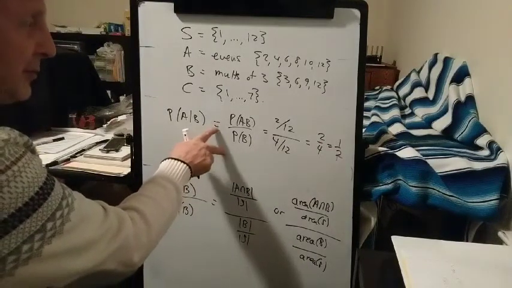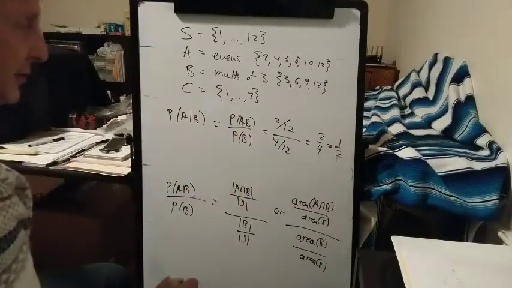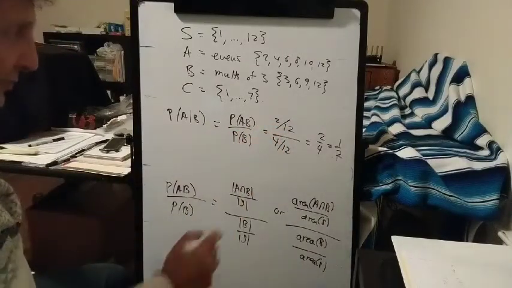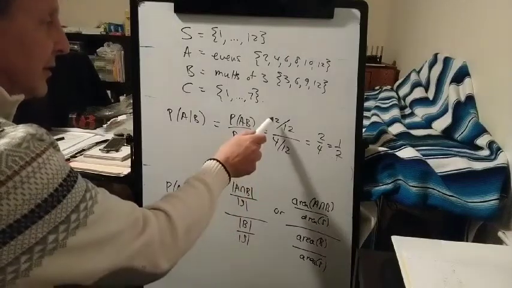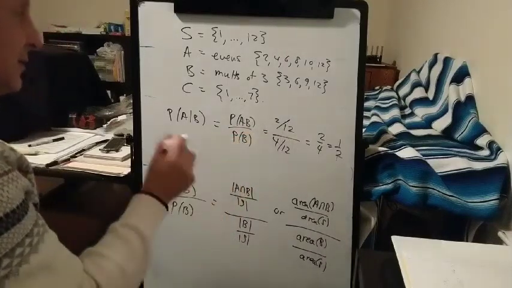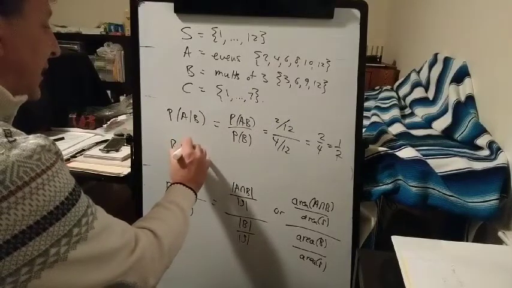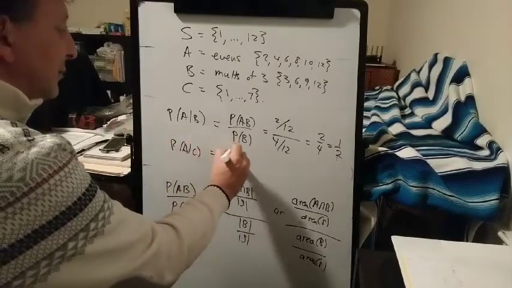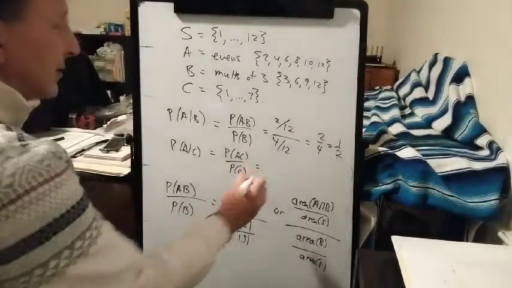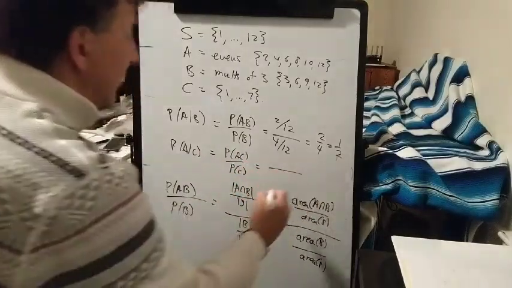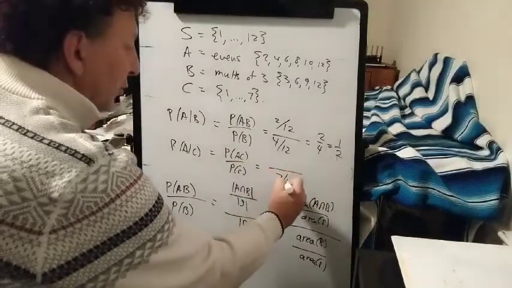The difference in our computations is that we have fraction over fraction. The denominators cancel, so it's the same expression as cardinality over cardinality. And then the probability of A given C is the probability of A and C over probability of C. Now, probability of C is 7/12.